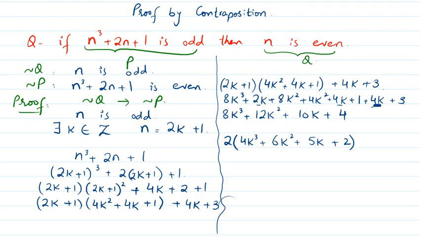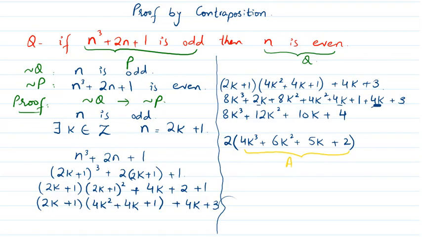And if I replace this whole thing that is inside the brackets by a variable say a, that is 4k cube plus 6k square plus 5k plus 2, for any value of k, if I add them up, take its cubes, squares, and multiply it by certain constants, at the end what I'm going to get is definitely going to be an integer, and that integer is in fact a, which I have written in generalized form.